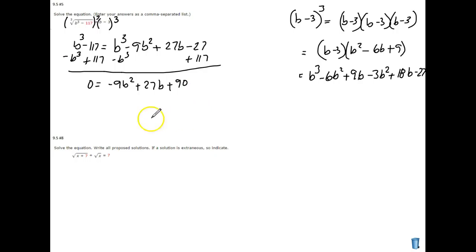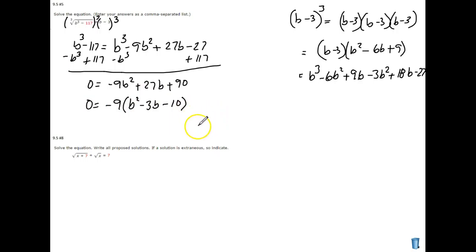Okay? Now I have a quadratic. In order to solve this, I need to factor out my greatest common factor, which becomes negative 9, b squared minus 3b, and a minus 10. Okay? You need to factor this piece here and solve. You're going to get two different answers.